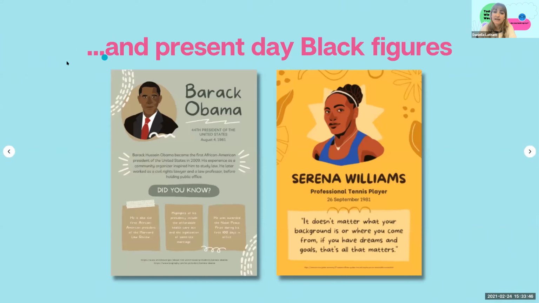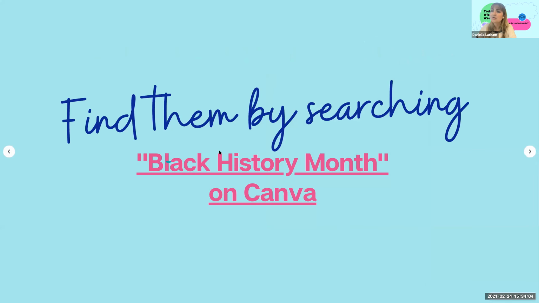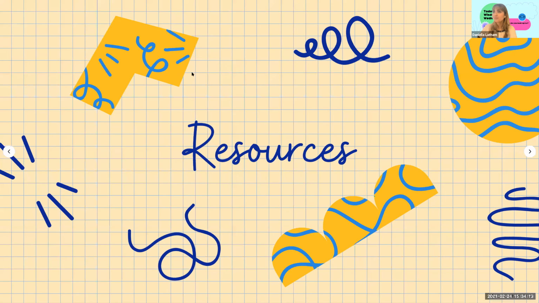We also have some amazing Google Classroom headers with quotes that you can decorate with, and classroom announcements as well. So it's not just worksheets or posters, there's all different types of content and templates. Check out that link and everything is in there. You can also search Black History Month on Canva to find these templates, just scroll down and you'll find them there as well.